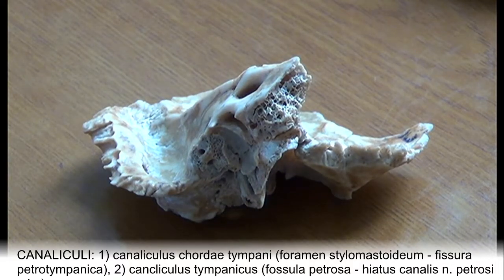So, canaliculus tympanicus originates from fossula petrosa and finishes in hiatus canalis nervi petrosi minoris. Please write down this last word. So, we should know 3 canals and 2 small canaliculi. So, we are finished.